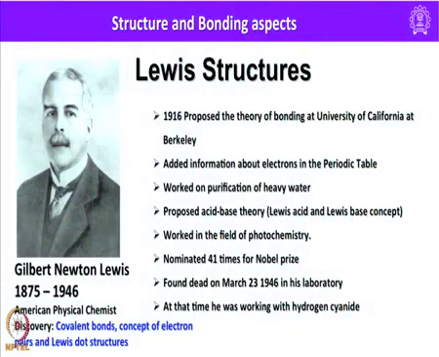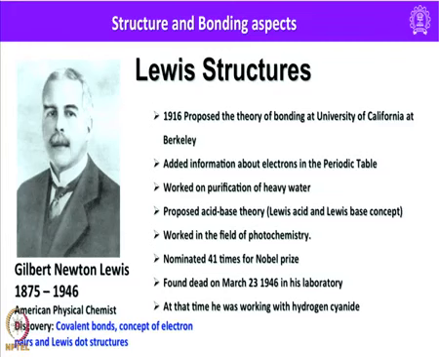Besides working on bonding concepts, he added information about electrons in the periodic table, worked on purification of heavy water, that is D2O, and also proposed the acid base theory, and we are all familiar with the Lewis acid base concept.